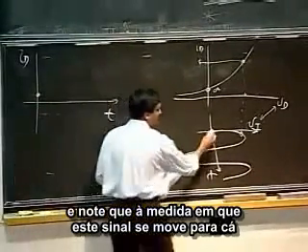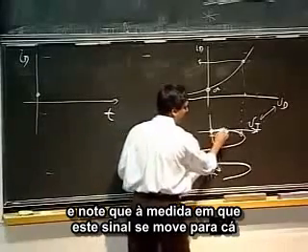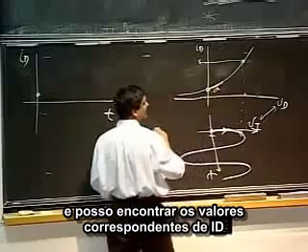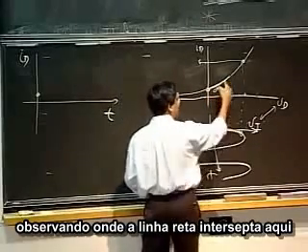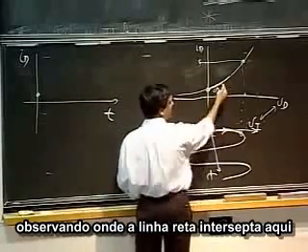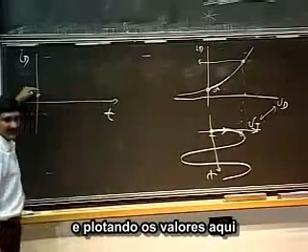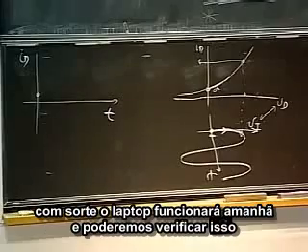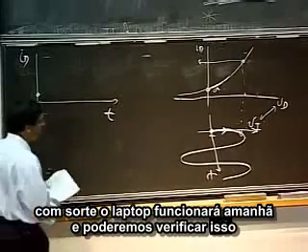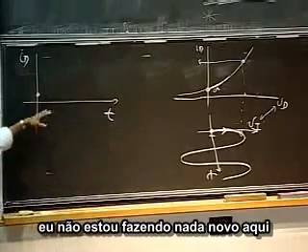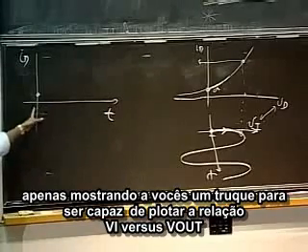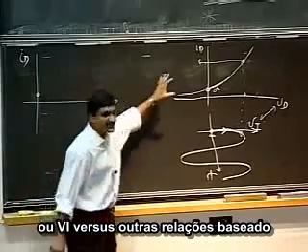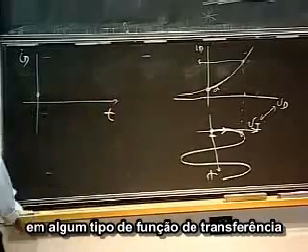And notice that as this signal moves up here, I can find out the corresponding values of ID by looking at where a straight line from here intersects here and plotting the values here. I had a nice little graphical animation to show you this. Hopefully the laptop will work tomorrow and we can check that. I'm doing nothing new here, just showing you a trick to be able to plot VI versus Vout relationships, or VI versus other relationships based on some kind of a transfer function.